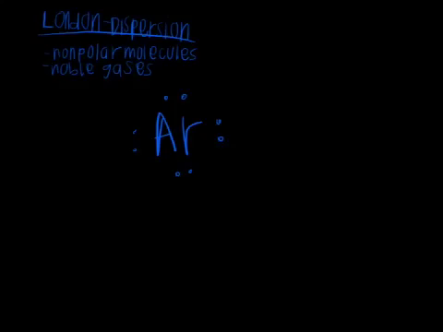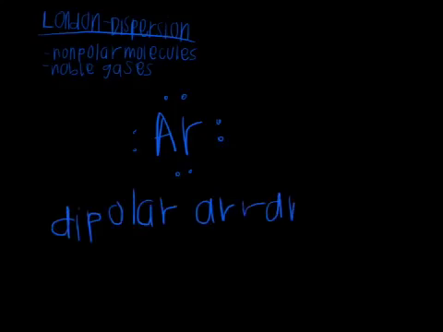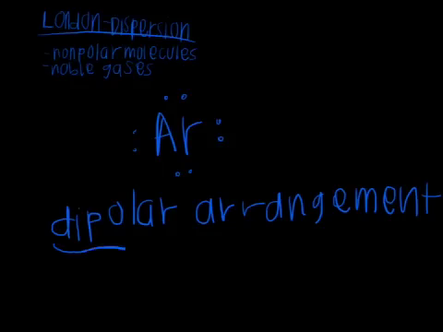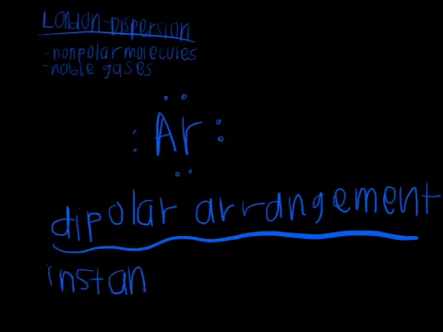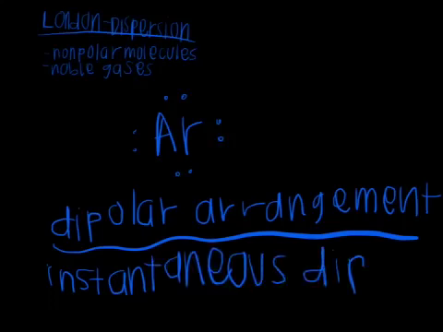For chemistry, we often assume that the electrons of the atom will just be uniformly distributed around the nucleus. But in actuality, we know that an electron moves a lot. When the electrons are moving, it develops a temporary dipolar arrangement. Another way to say this is it causes what is called an instantaneous dipole.